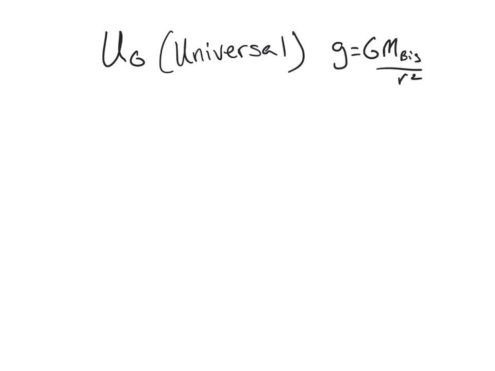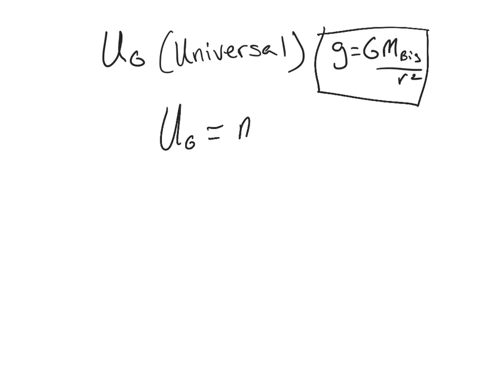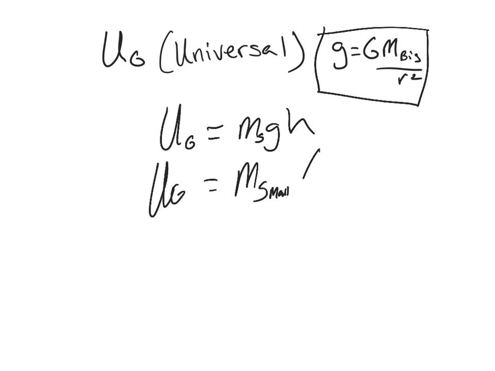All right, the last thing is the universal gravitation. So knowing what we know from that previous one, remember UG is equal to mgh. What you can do is you can plug in the potential energy formula and then plug in the formula for, remember s is standing for small, so the mass of the small object in the problem would be equal to big G, mass of the big object in the problem, divided by r squared times r.